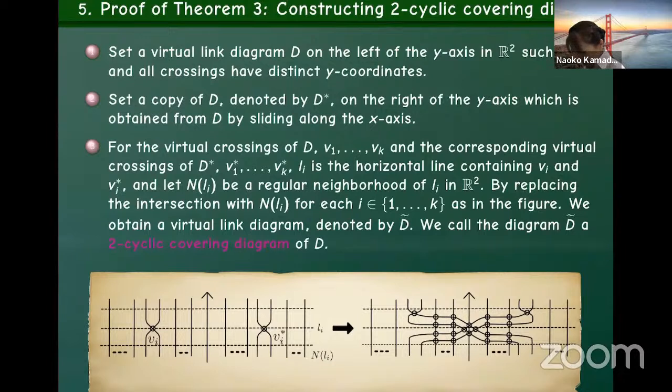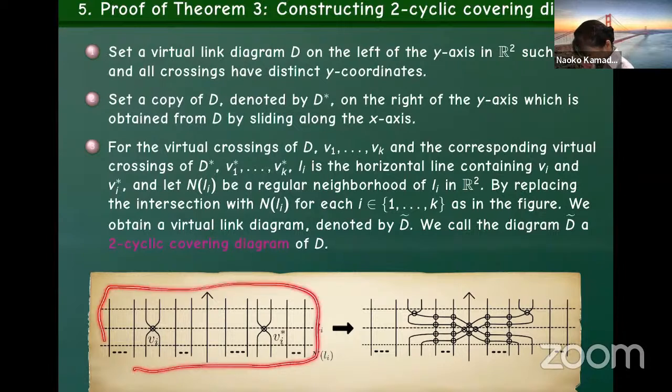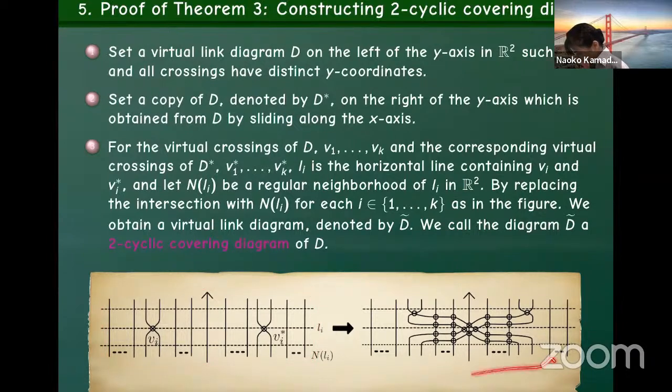By replacing the intersection with N(Li) for each i, as in the figure, we obtain a virtual link diagram, denoted by D tilde.